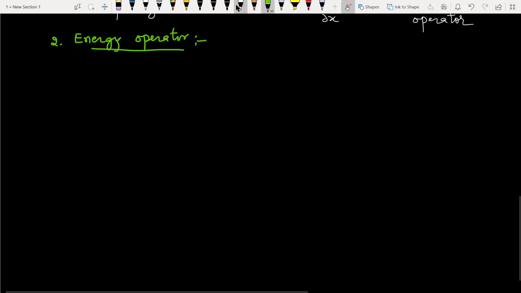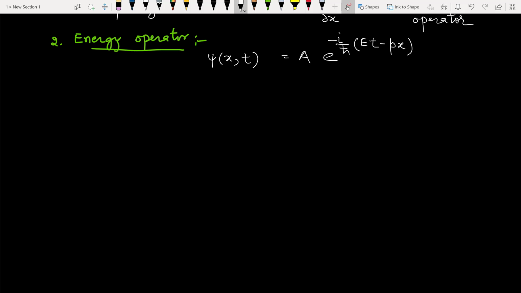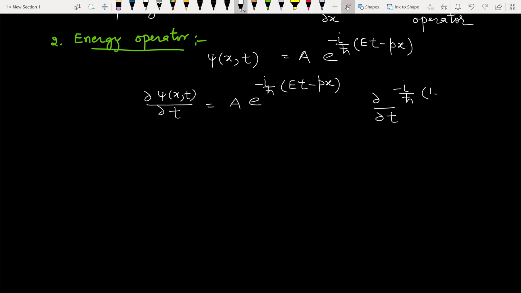So for a free particle, again the wave function is given by A e raised to power minus iota by h cut (Et minus px). ∂ψ(x,t)/∂t: a constant, the exponential function stays as such, and we multiply it with the derivative of the power of the exponential function.